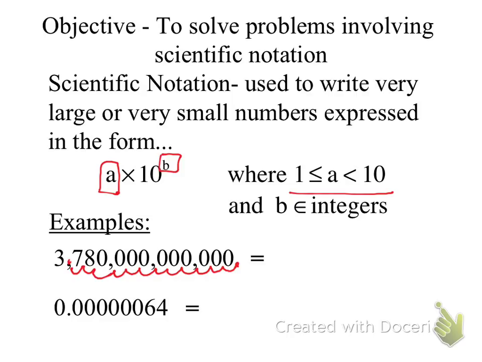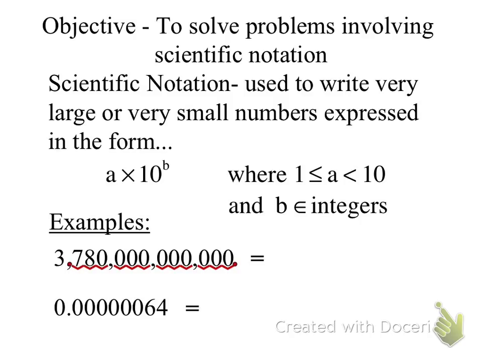So now my number becomes 3.778. Remember, we're not including a place for the comma, only the digits. So again, I'm going 1, 2, 3, 4, 5, 6, 7, 8, 9, 10, 11, 12.